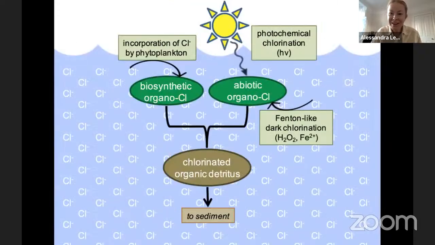So the story that we've put together shows that chlorine is actually very reactive in the marine environment, and that seawater chloride can get incorporated into phytoplankton material naturally by the phytoplankton themselves, but also through photochemical reactions and Fenton-like reactions, both in the dark and in the light. And this all contributes to the chlorinated organic detritus that we see sinking down the water column. And this might make a very stable form of carbon to be buried in the sediment. So this could have key implications for sequestering carbon in the marine sediments.